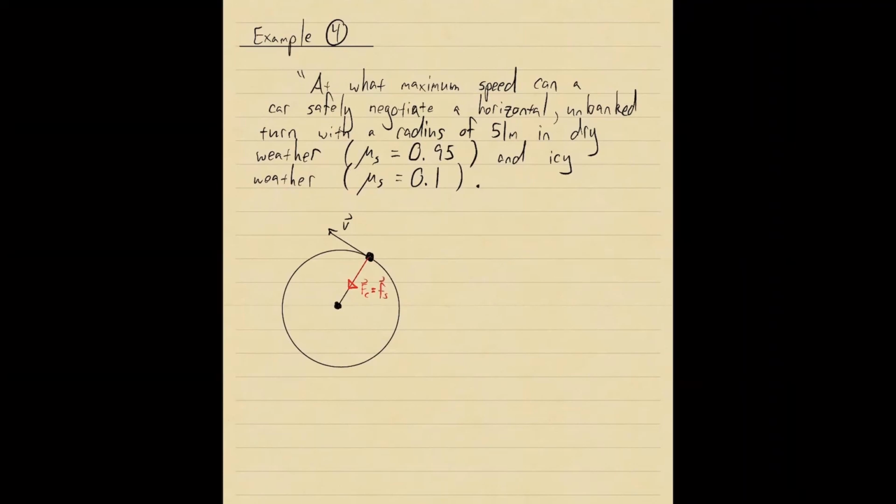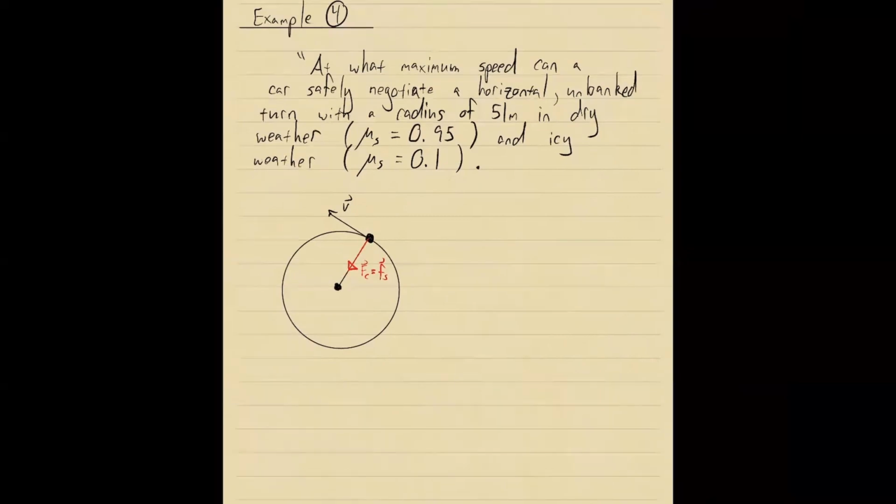Because as the car goes around this bend, it wants to slide outwards like this. And because the car wants to slide outwards, the static frictional force wants to oppose that motion, so it's going to point towards the center of the circle. So in this case, the static frictional force is our hero in this problem. So this is a top-down view.